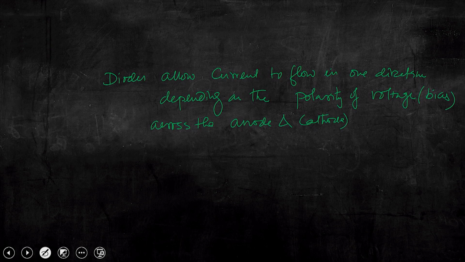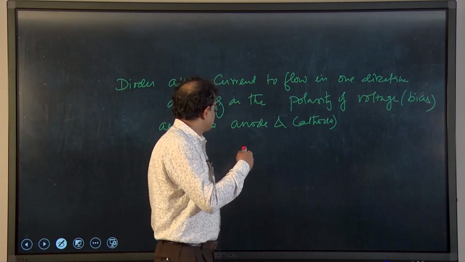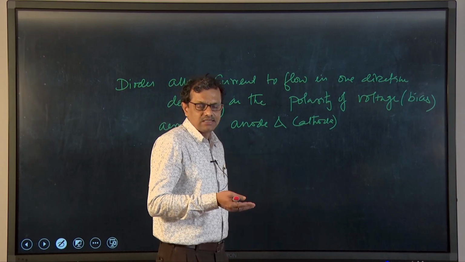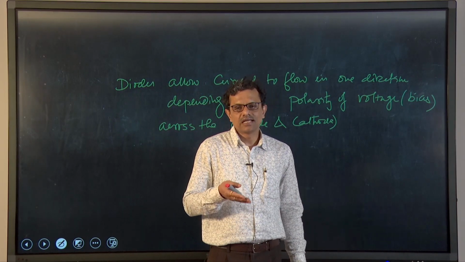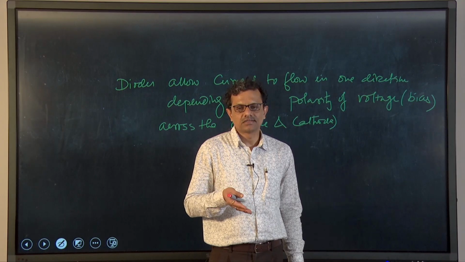right. When current flows in the forward direction with a plus voltage on the anode, diodes have a low resistance. Okay. So, when the anode is having positive voltage and current is flowing in the positive direction, then the diode is said to have low resistance.